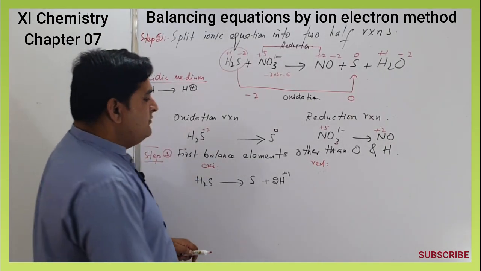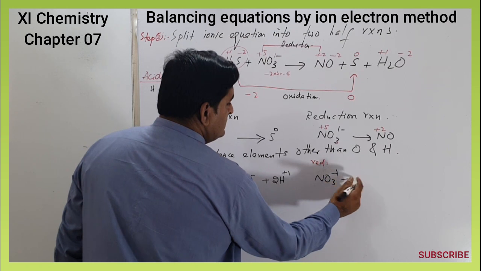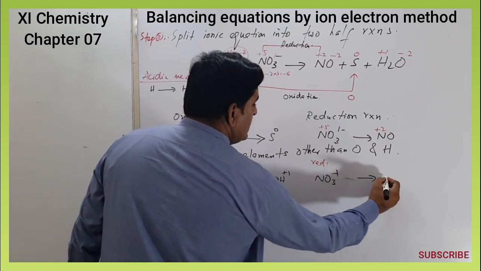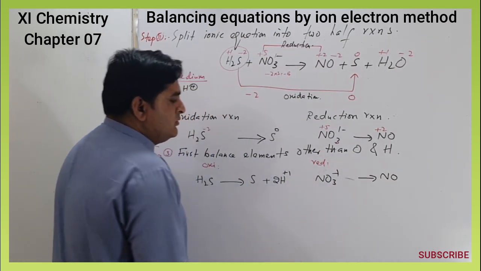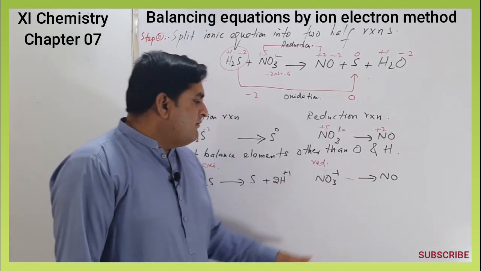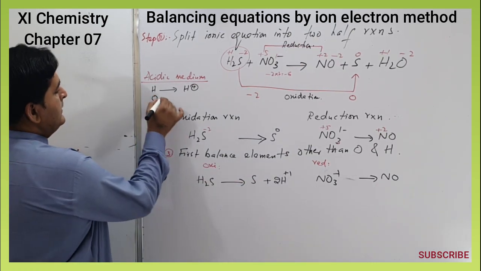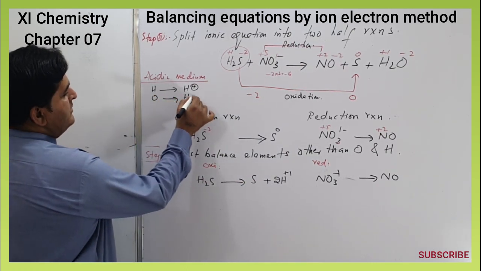So go to the reduction part. In reduction, there is a nitrate ion, -1, and it is converted into NO. Nitrogen is already balanced, one nitrogen and one nitrogen. We will go for oxygen. To balance oxygen, for each oxygen we write one H2O.